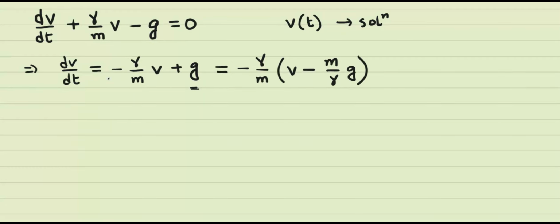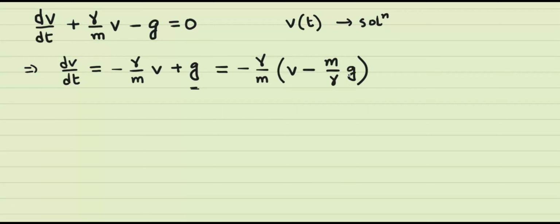Notice if we multiply negative gamma divided by m with both of these terms inside the parenthesis, then of course we'll get our previous expression back. Now we can do something pretty interesting. Notice the second term in the parenthesis, which is m divided by gamma times g, it's a constant, right?